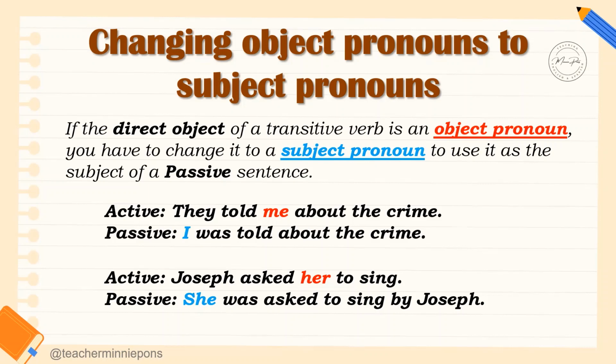We have the object pronoun me in the active voice, but we have to change it to a subject pronoun in the passive. And then we have, I was told about the crime. Let's see another example. In the active voice, we have Joseph asked her to sing. The object pronoun her, we have to change it to a subject pronoun in the passive. Then we have, she was asked to sing by Joseph.